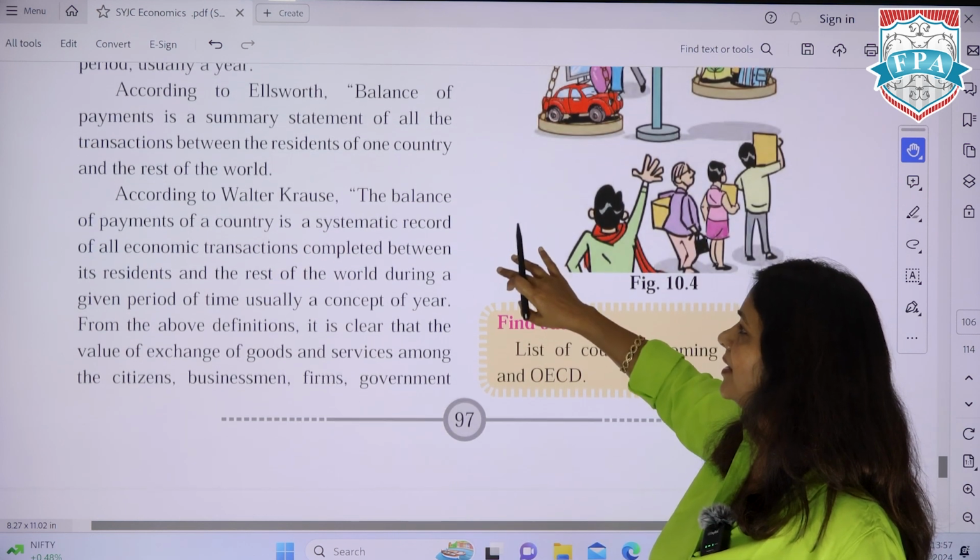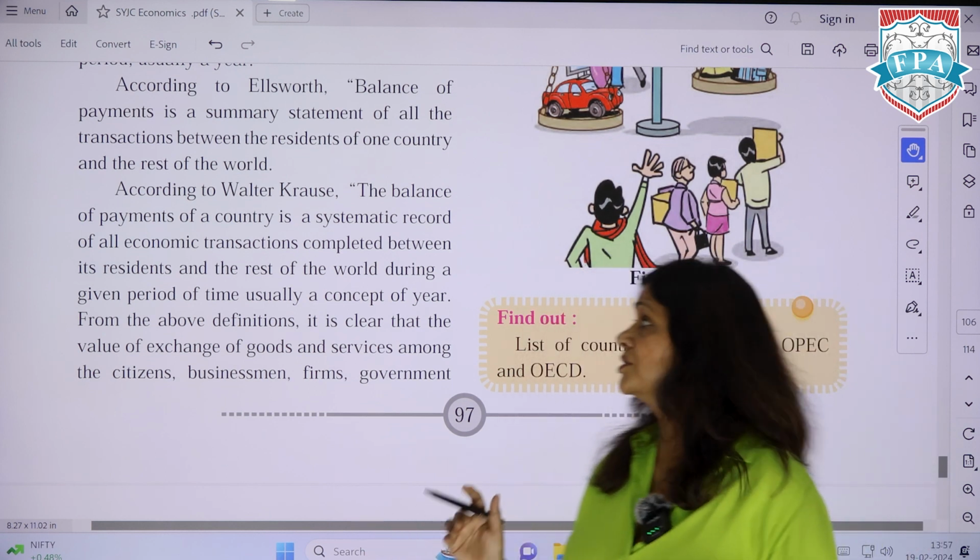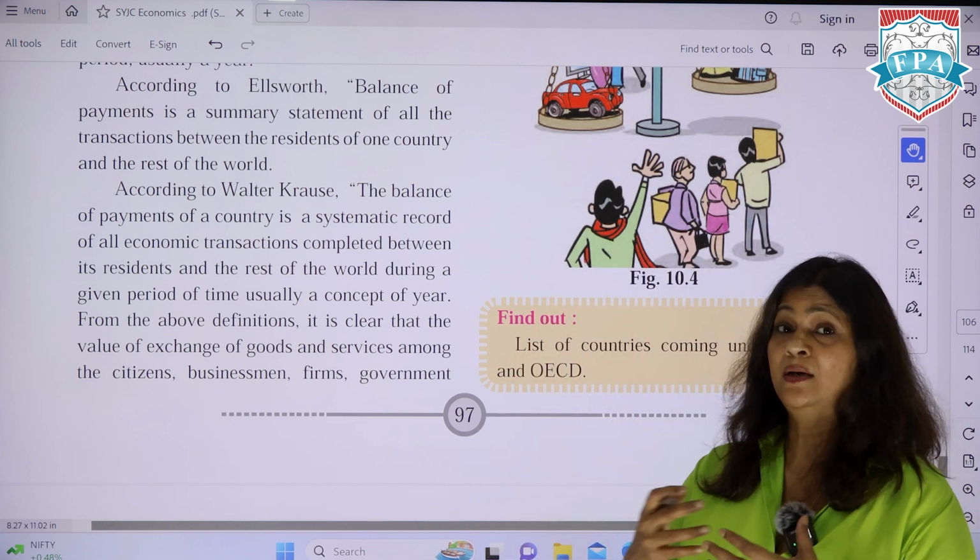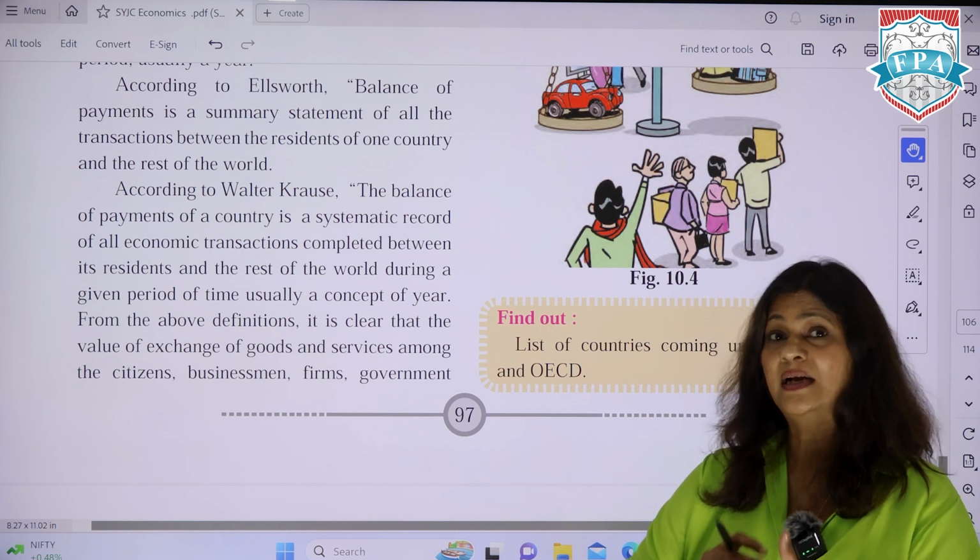So it's a systematic record of all economic transactions which are happening between the residents of one country and the rest of the world.